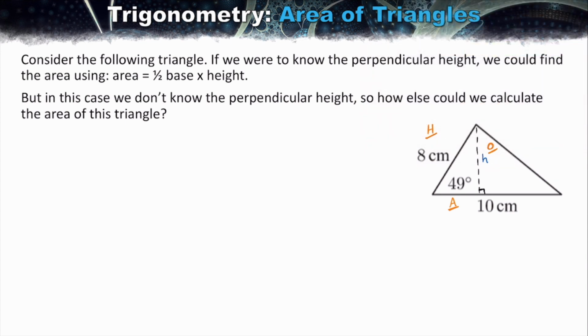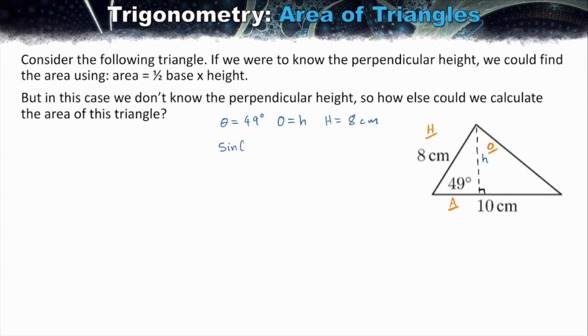So what we do know is our angle is 49 degrees. Our opposite is what we're looking for, which is just h here, and our hypotenuse is equal to 8 centimeters. So looking at this, we can see that we will need the sine ratio because we've got the opposite and hypotenuse.